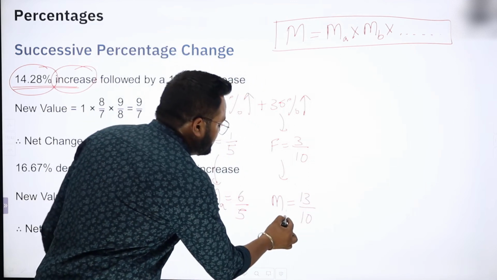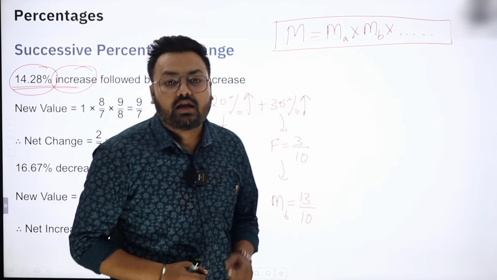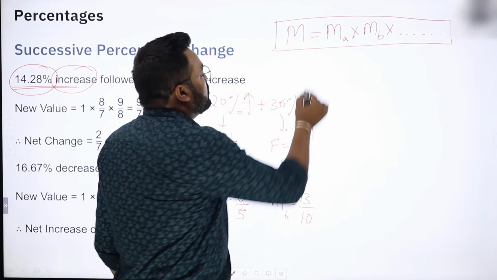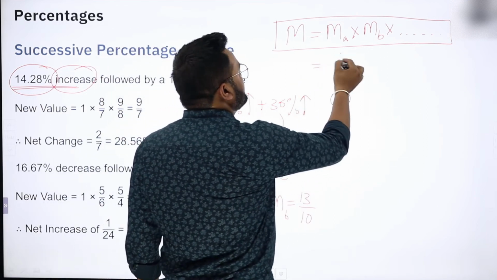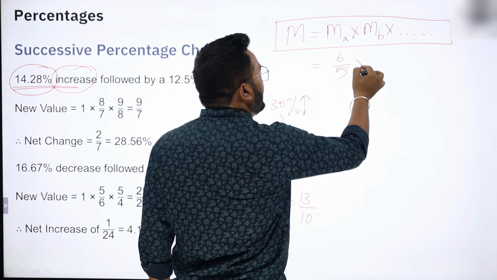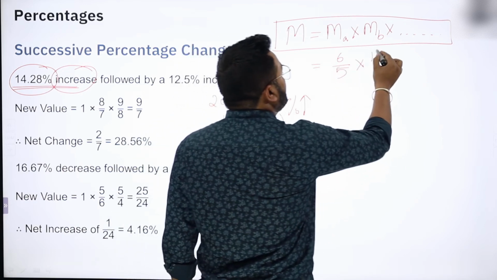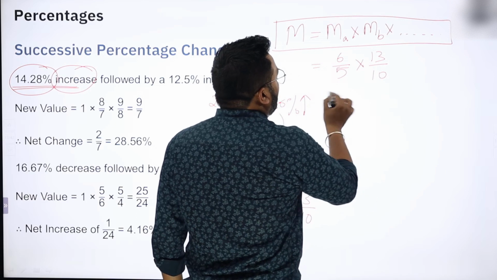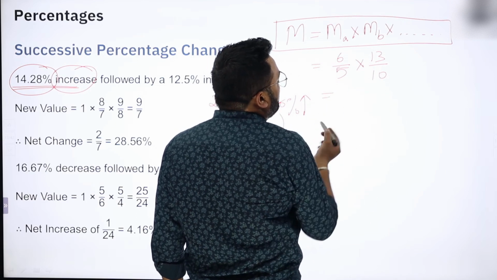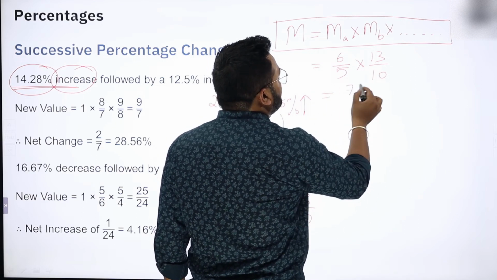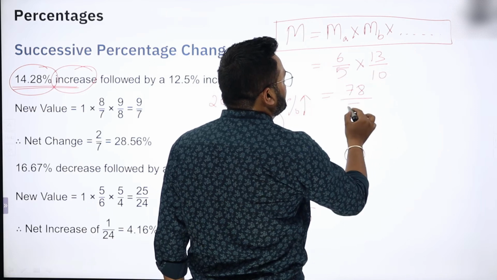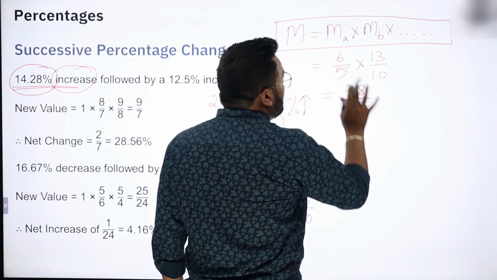Now I am having these two multipliers, that is MA and MB. So what is the value of MA here? This is 6 by 5 into what is the value of MB here? 13 by 10. I will multiply 13 into 6 is what? 13 into 6 is 78 divided by 50. This is my multiplier.